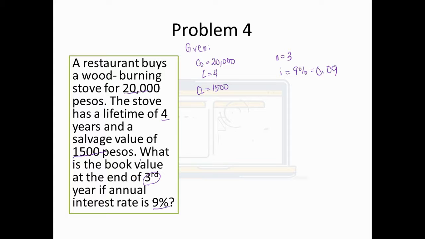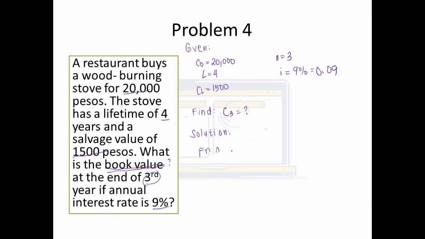Okay, so the question again is to find the book value. So the book value is denoted as C sub N. Diba? And then meaning, if we were asked to find the book value at the end of third year, we will be needing to solve C sub 3.